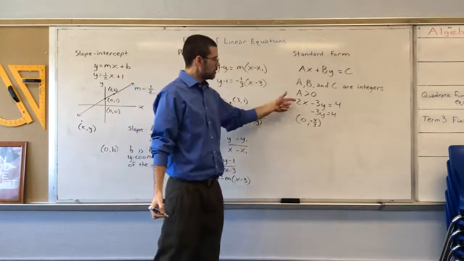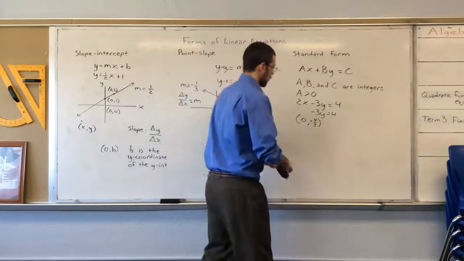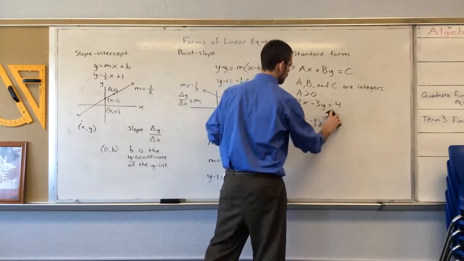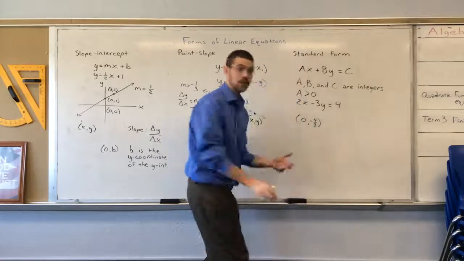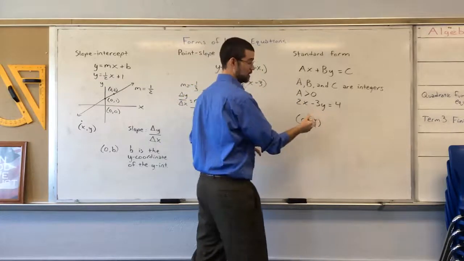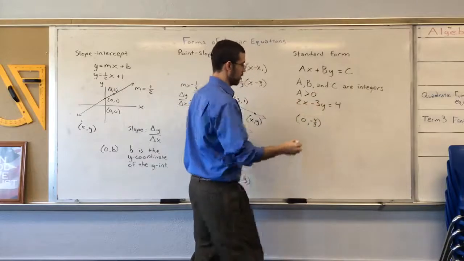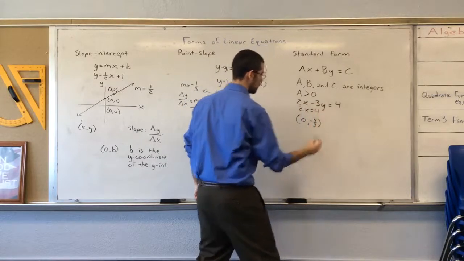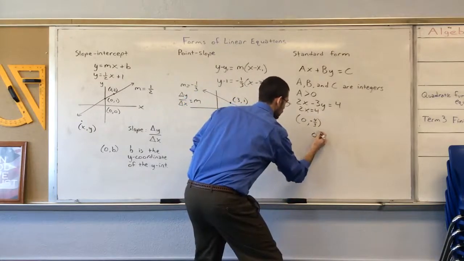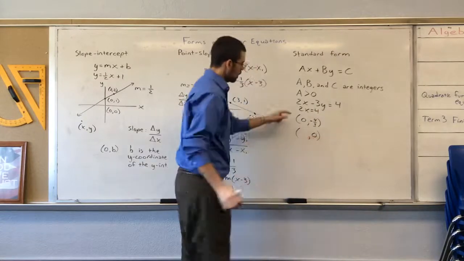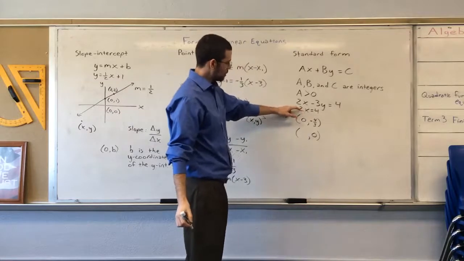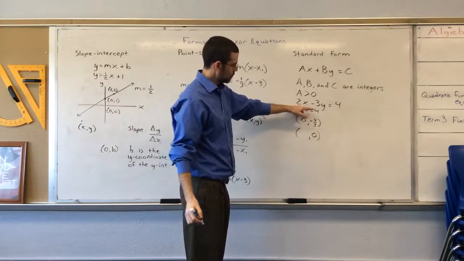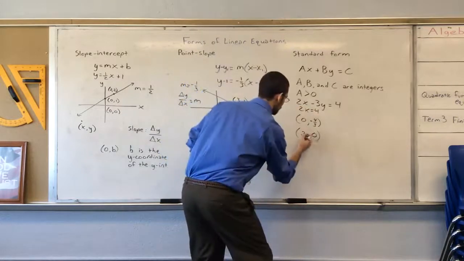Okay. Same process, only we're going to figure out what happens when y is 0. That's easy, because then this term becomes nothing, and we end up with 2x equals 4 when y is 0. And if we divide by 2, we are left with x equals 4 divided by 2 is 2.